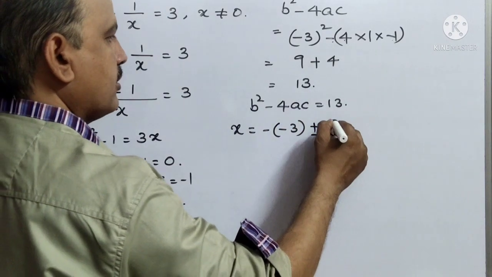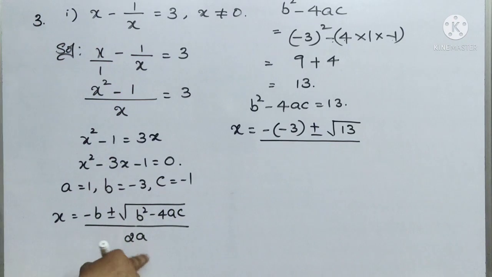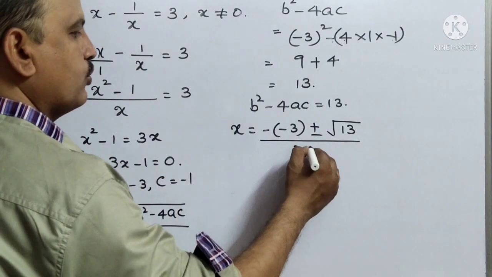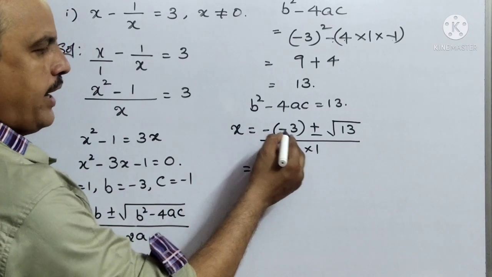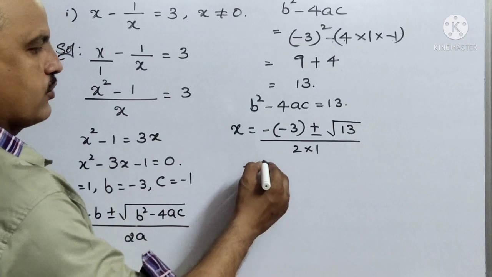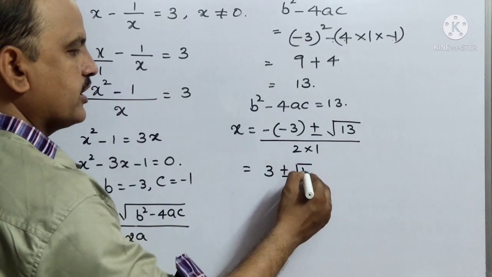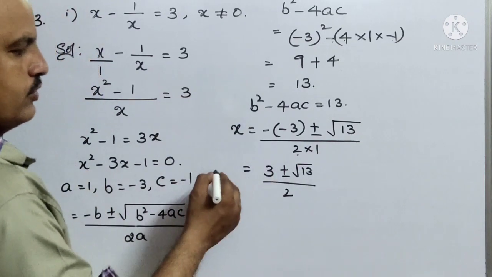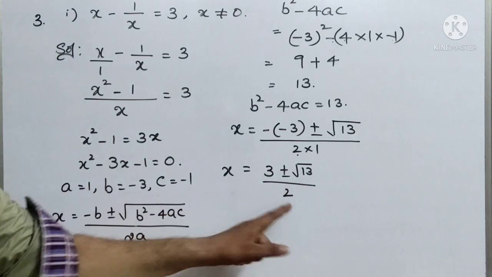So square root 13 by 2a. 2a means 2 into a. That means 2 into 1. Okay, so equals to minus into minus is plus. So 3 plus or minus root 13 by 2 ones are 2. So x equals to 3 plus or minus root 13 by 2.